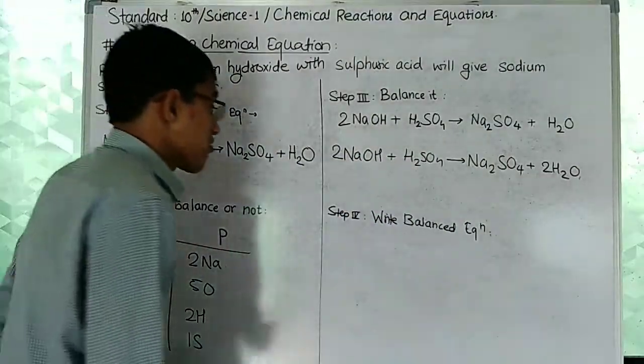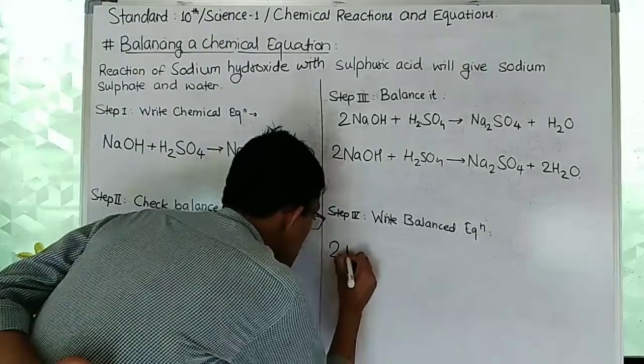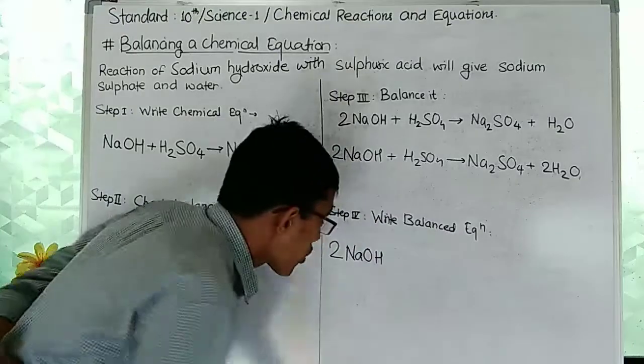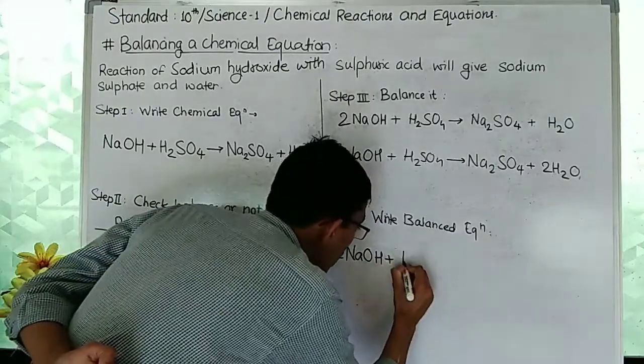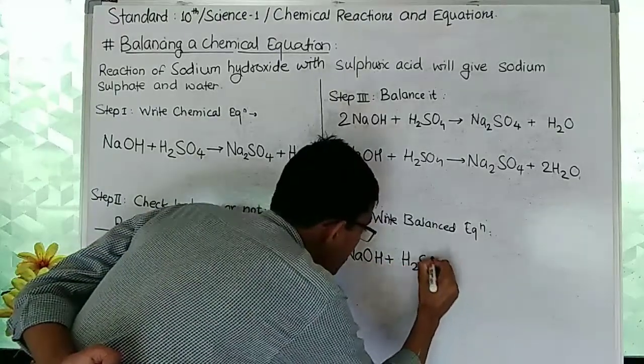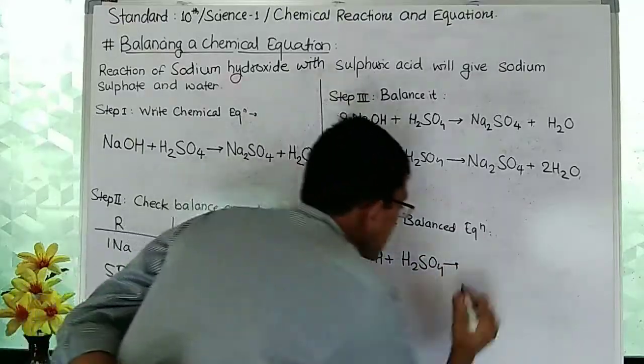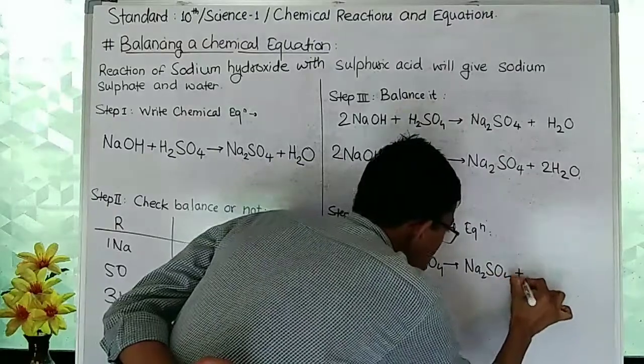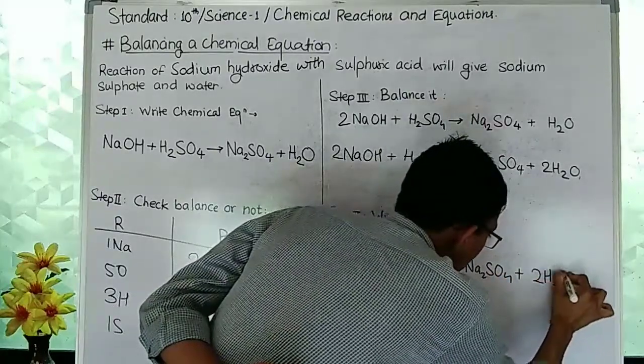So at the end we can write the complete balanced equation: 2NaOH, 2 molecules of sodium hydroxide, plus 1 molecule of sulfuric acid gives us 1 molecule of sodium sulfate plus 2 molecules of water.